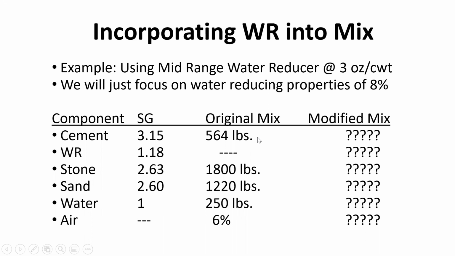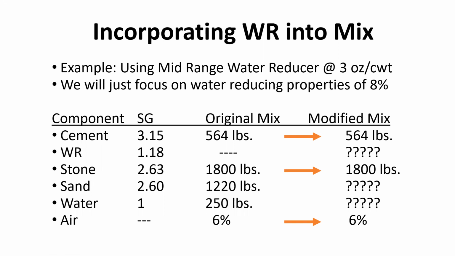Again, our specific gravity may be something like 1.18 or 1.26 for a water reducer, and they're very light. They're almost like water. In fact, most of the ingredients are water.